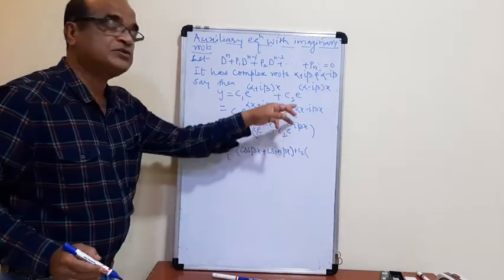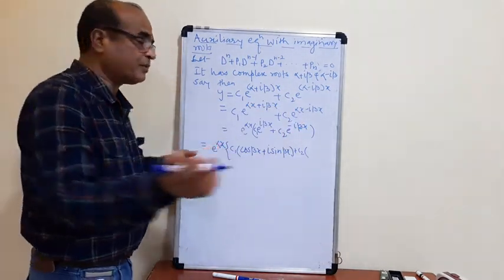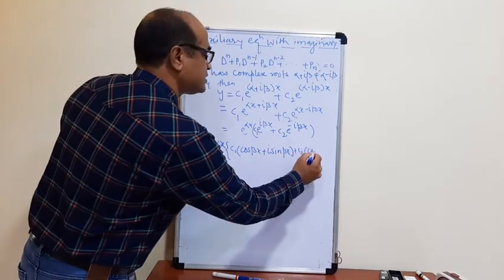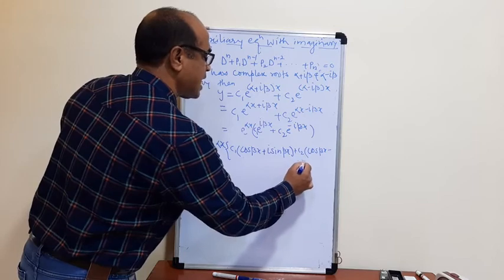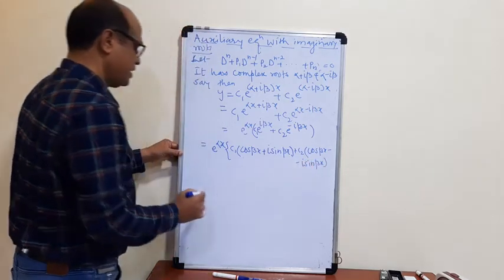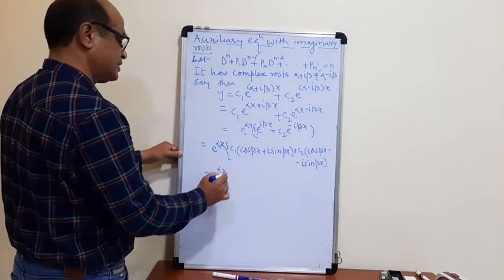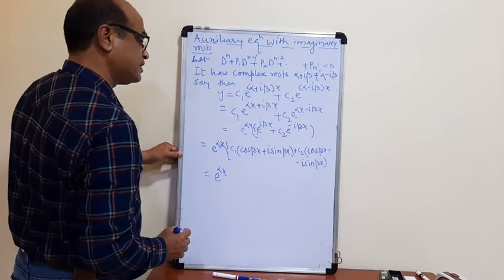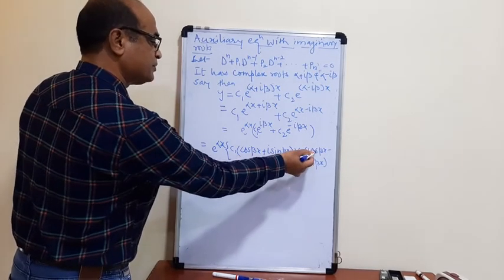What is e raised to minus i beta x? In terms of circular function, it can be written as cos beta x minus i sin beta x. So this is equal to e raised to alpha x.